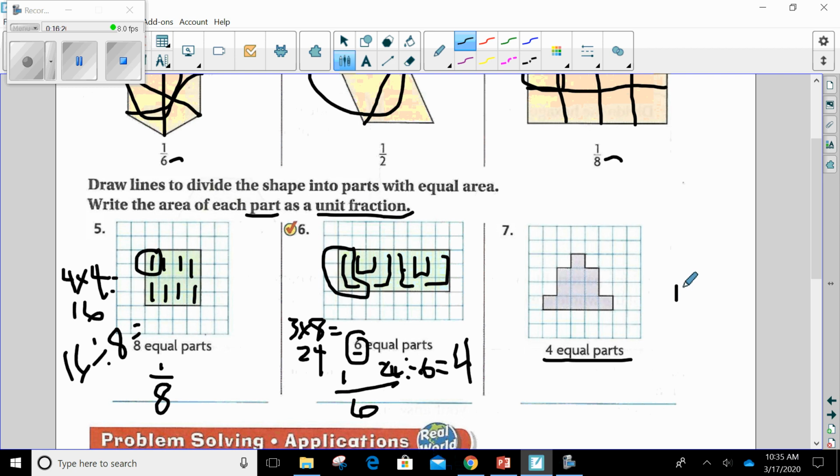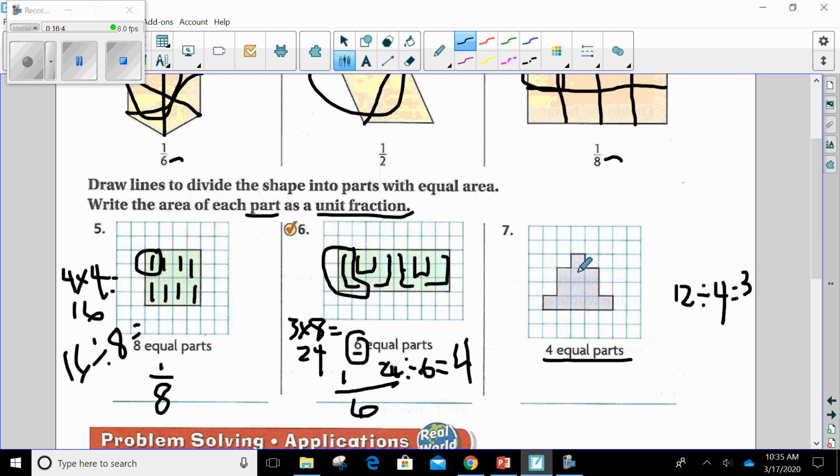So we're going to do 12, and we're going to divide them into 4 equal parts. Okay, so we're good. We know 4 times what equals 12? We know 4 times 3 equals 12. 12 divided by 4 equals 3.